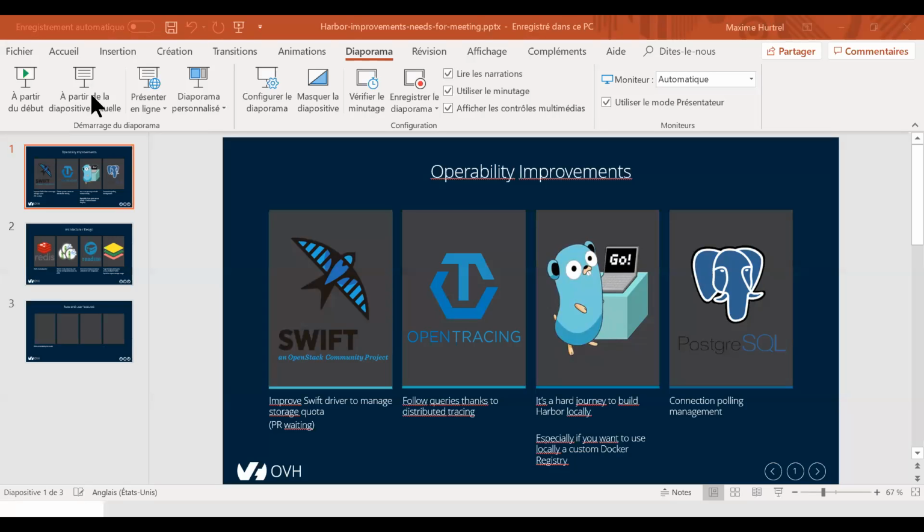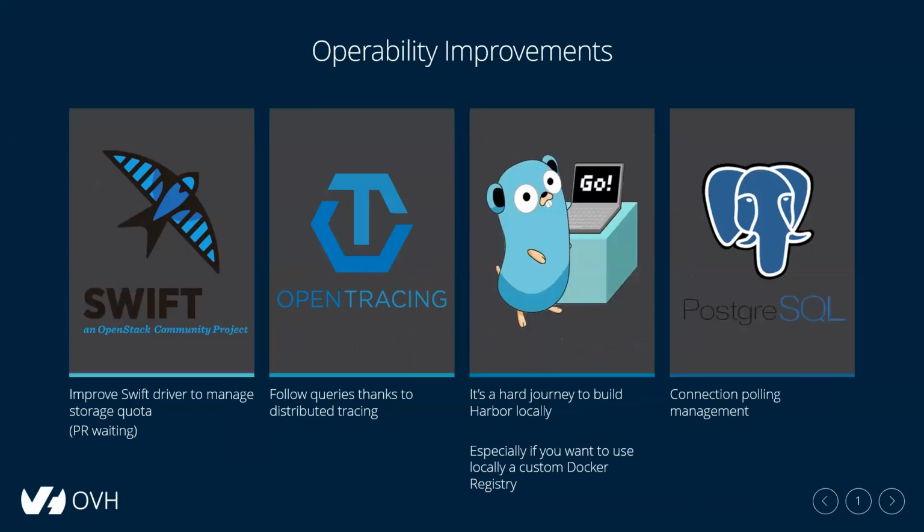I'm going to share my screen with a little summary of the challenges. Can you see the PowerPoint? Yes. Perfect. Basically, there are 2 types of things we wanted to discuss with the community. The first one will apply to most of you. It's about improvements to Harbor for everyone.